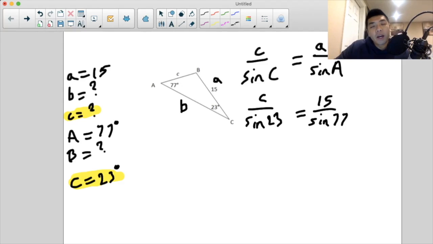The reason in the previous video I asked you to keep the variable you're solving for on top is that we have c divided by sine of 23. All we need to do is reverse the operation that gives us a division by sine 23. The opposite of division is multiplication, so I multiply both sides by sine of 23.